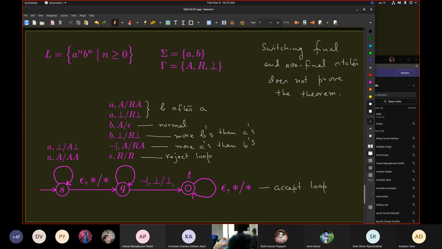Okay. So for example, if I make this non-final, this one final and this one final, you see that for every string of the form a power n, b power n, this will reject by going here. But if there is a string which is not in this language, then it has to be something like this: b after a, more b's than a's, more a's than b's.